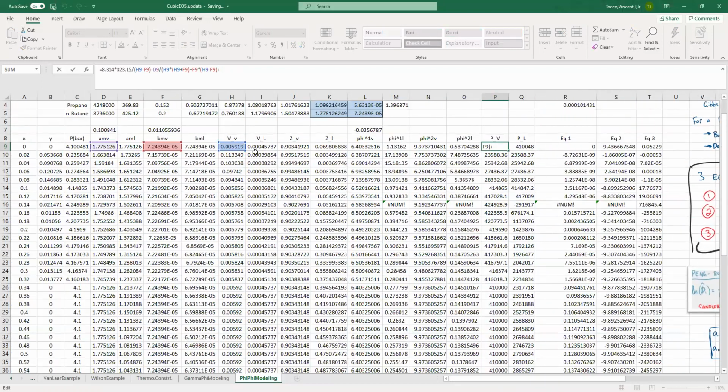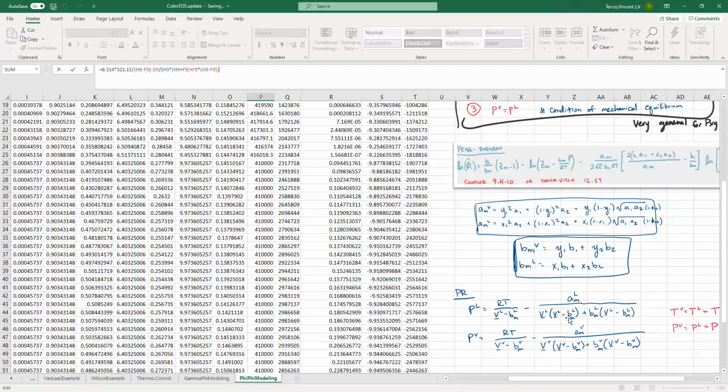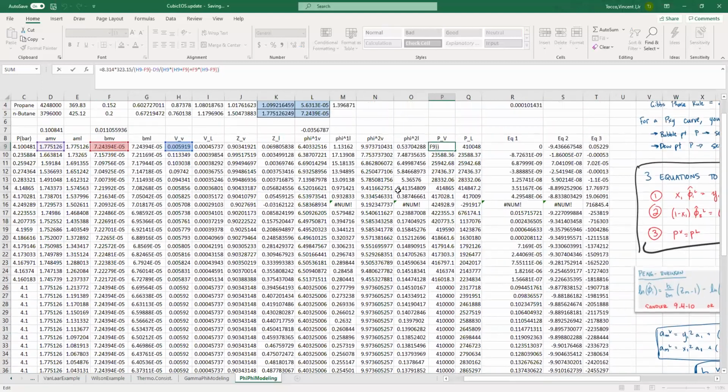So RT over V minus B, minus A over V times V plus B, times V minus B. And that was another mistake that I think I caught, that this is supposed to be a plus, V of the liquid plus B and V of the vapor plus B. But I fixed that, and I'm still not getting it to work out. So again, there's still a problem here somewhere, still trying to work through it.